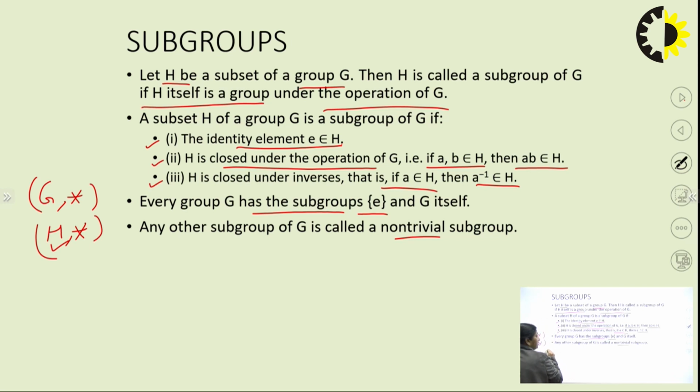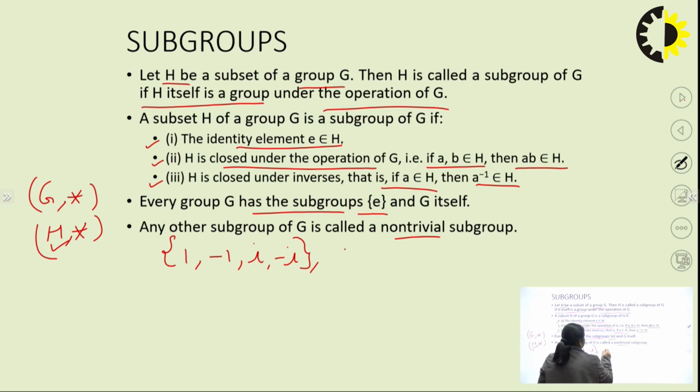Let me take the group, the fourth roots of unity, 1, minus 1, iota, minus iota, with the operation multiplication. This is my group, let me take it as G. So my G is 1, minus 1, iota, minus iota.